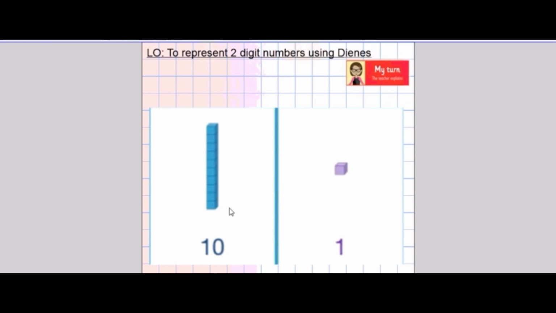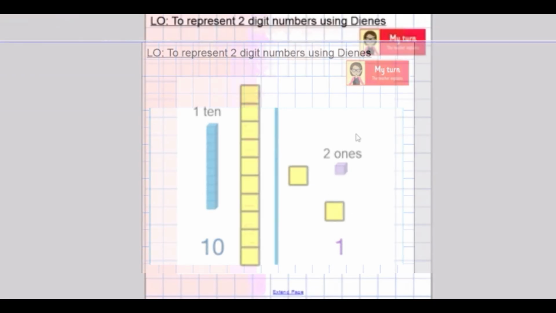So tens and ones, and we call them Deans. Now, it's a funny word, isn't it? I like to think of them, thanks to Year 2, they gave me this idea, as chips and peas.